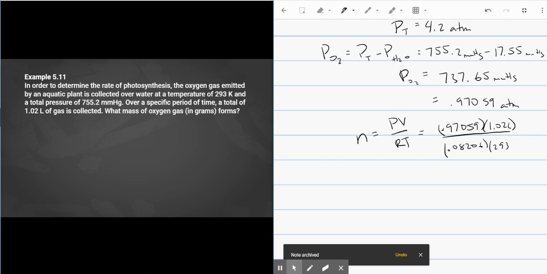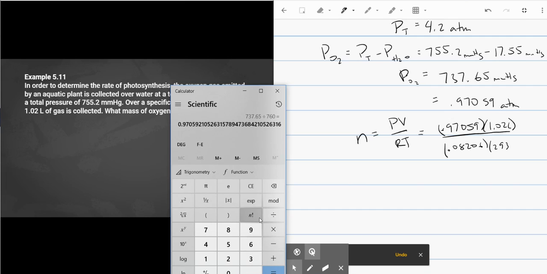So we can calculate the number of moles that way.